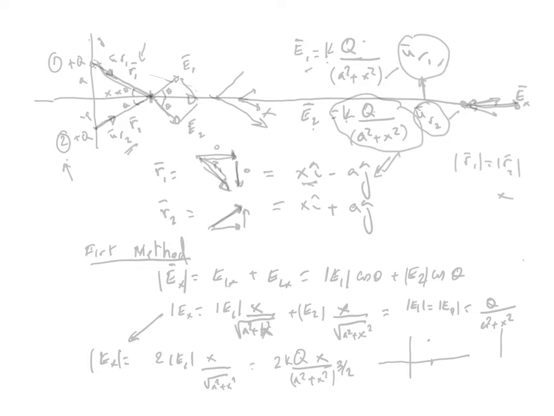Now you should find u sub R1 as R1 divided by the magnitude of R1, and you could work in the classical way. I'm going to use another method.